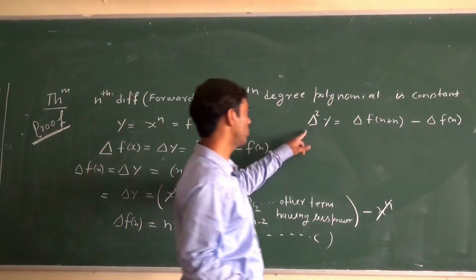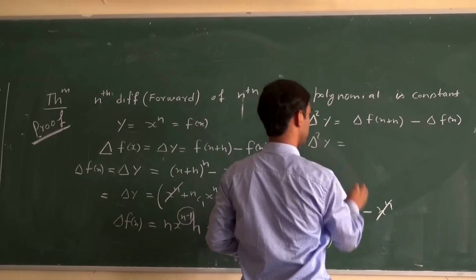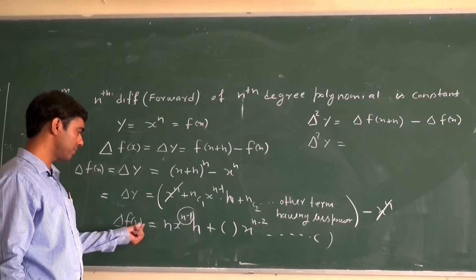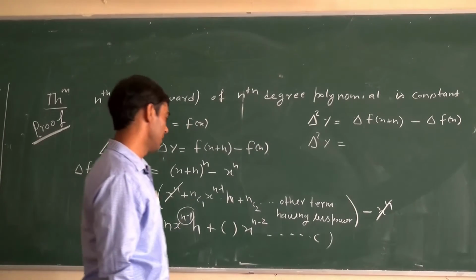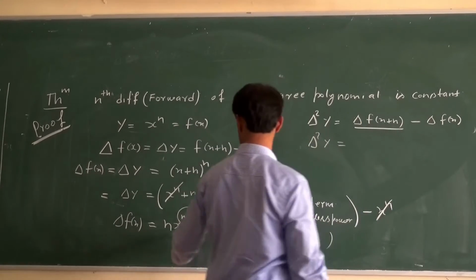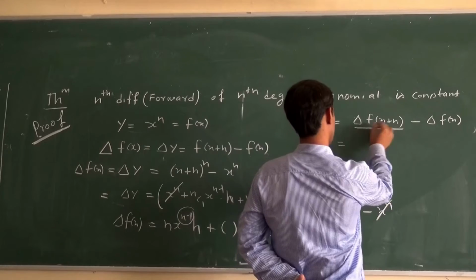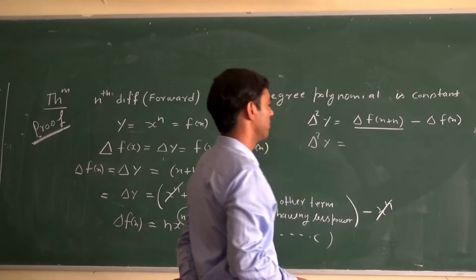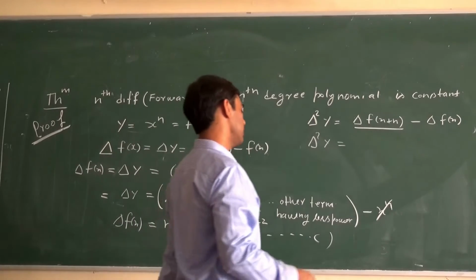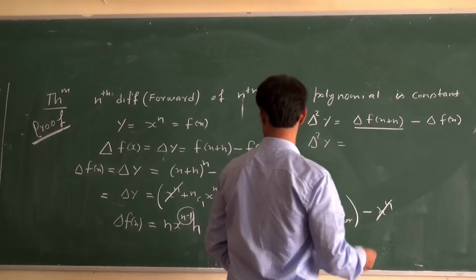So how do we find Δ²y? Here, in place of x we write x+h in the first term. So Δ²y becomes Δf(x+h) minus Δf(x), that is Δy1 minus Δy0, where in terms of i we write x0 plus h.